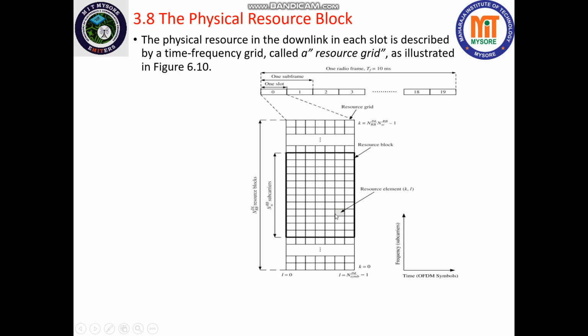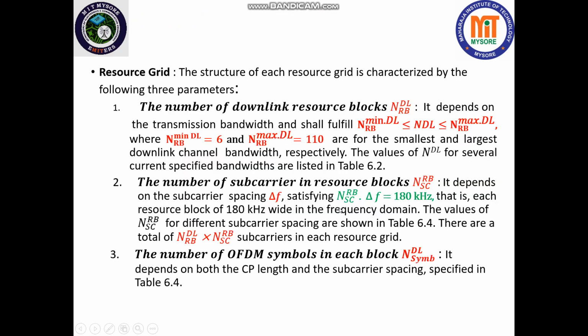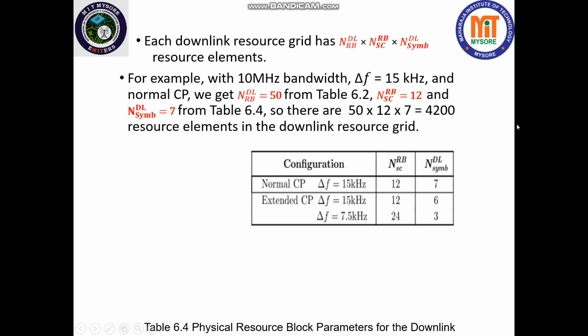One subcarrier with 7 OFDM symbols. That is the result. If at all we have extended cyclic prefix, then these values of number of subcarriers and number of symbols will change.